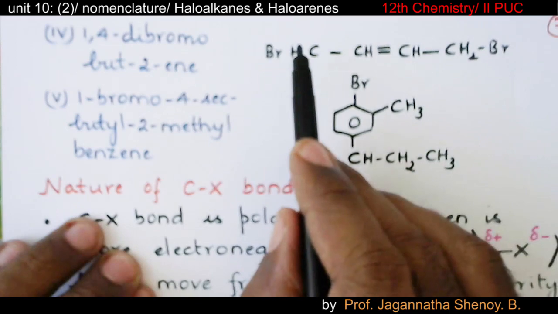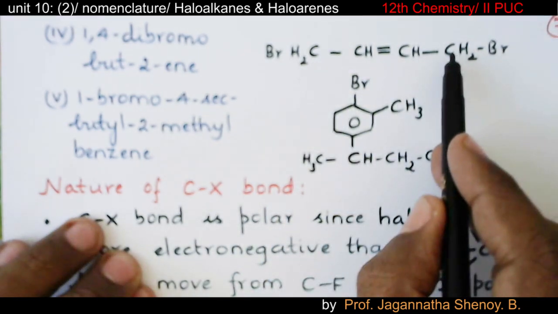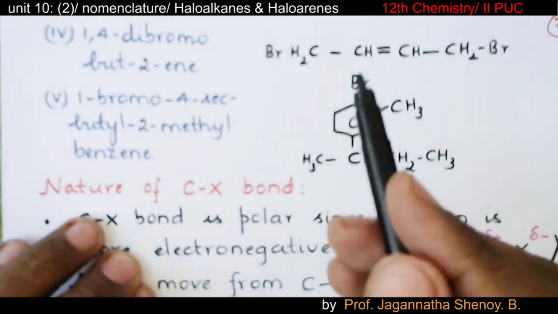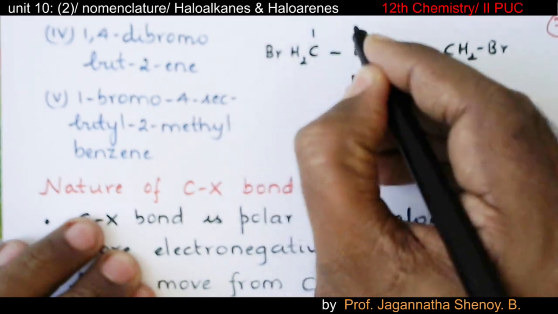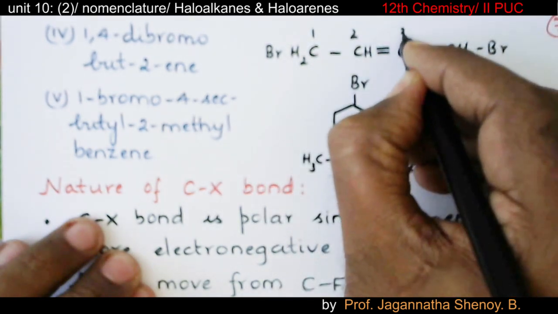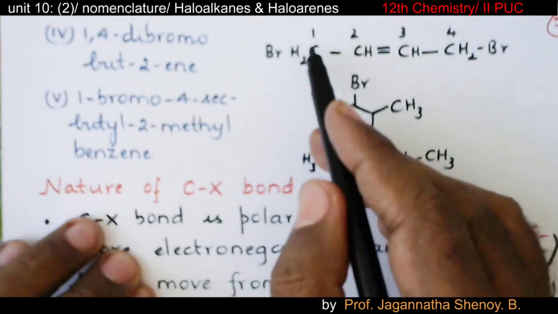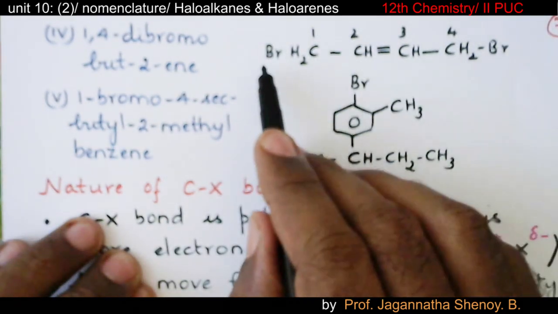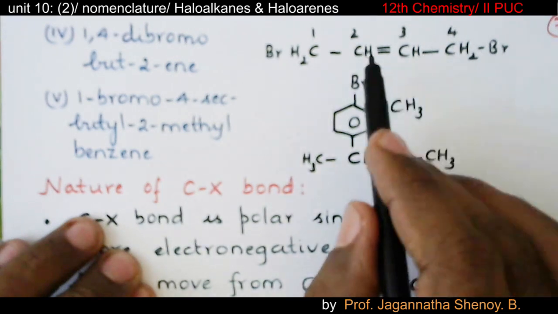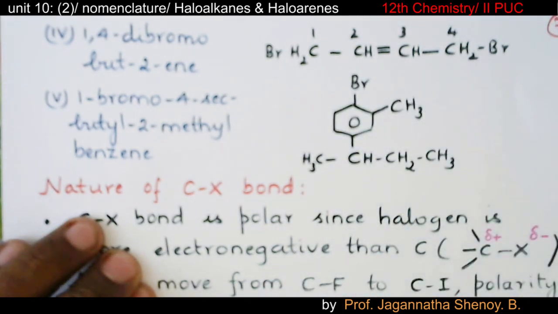And on the first and the fourth carbon atom, I should have 2 bromo groups. So this is 1. Here we have 2, 3 and 4. Right? So it's 1,4-dibromo. It's but-2-ene. This is the IUPAC name.